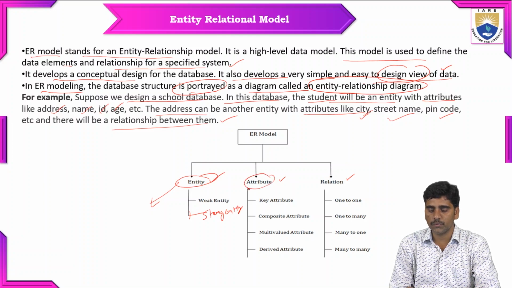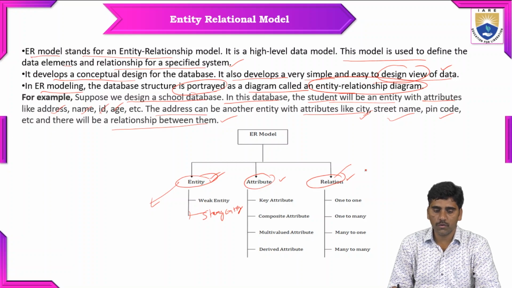Attribute is a property of an entity. And a relationship is a logical association between two entities.